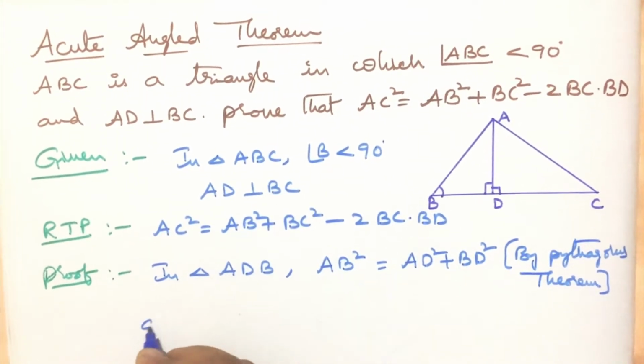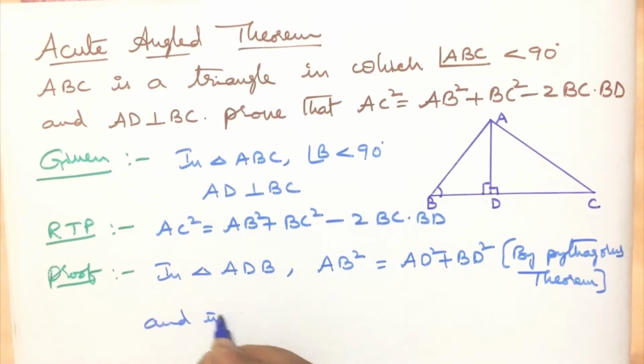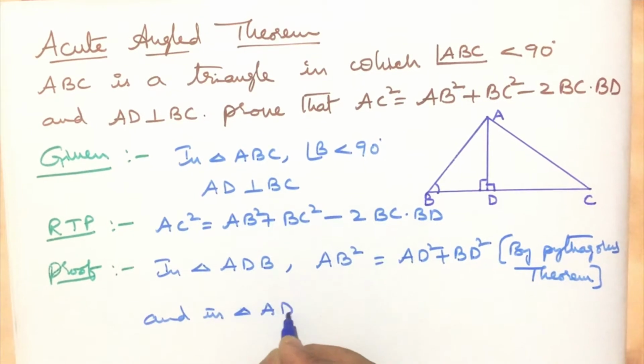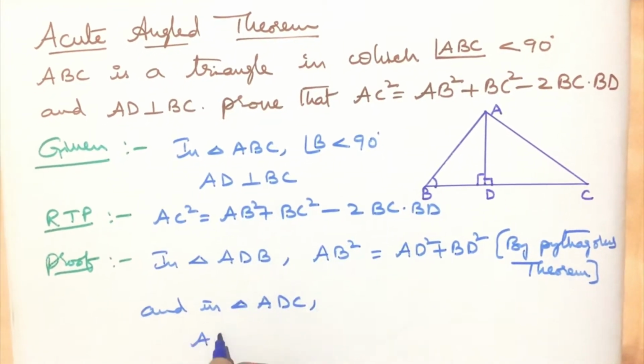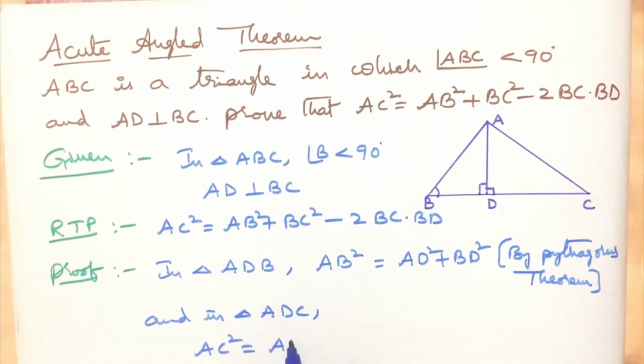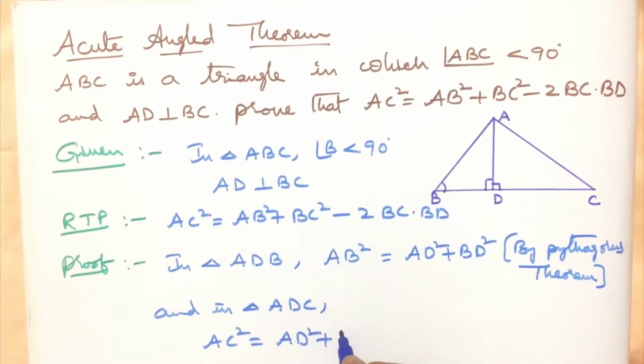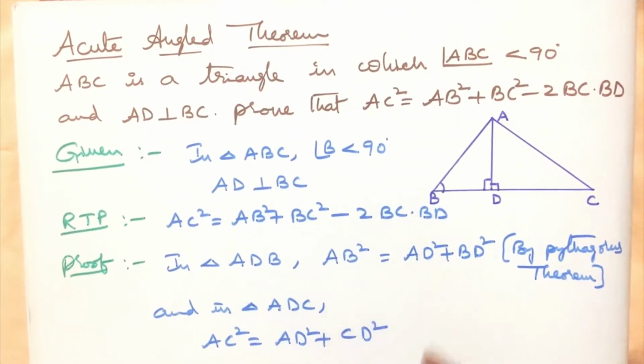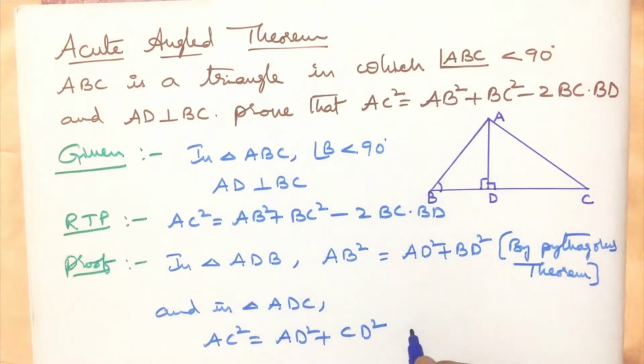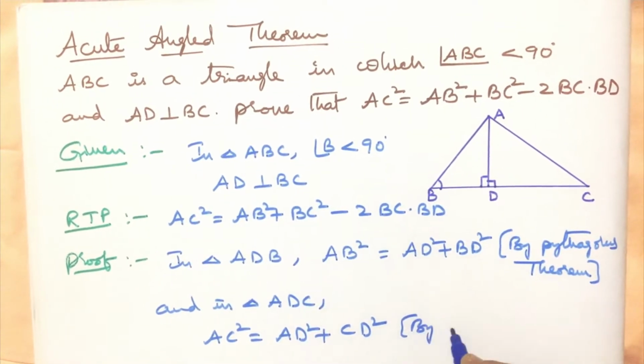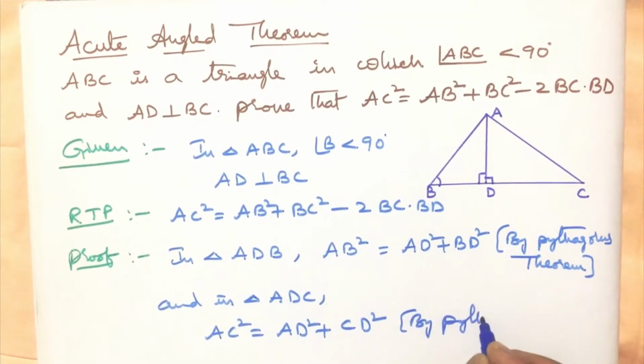And in triangle ADC, AC square is equal to AD square plus CD square. Again this is by using the Pythagoras theorem.